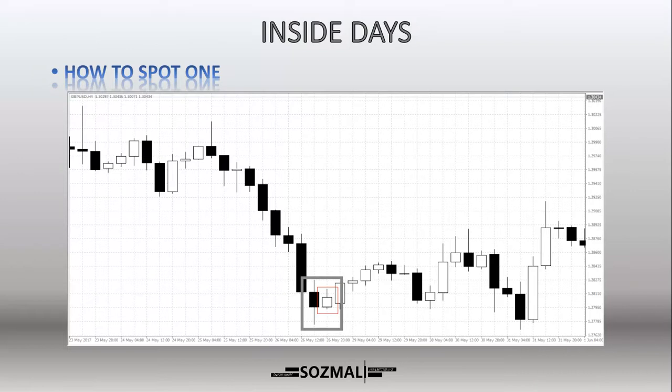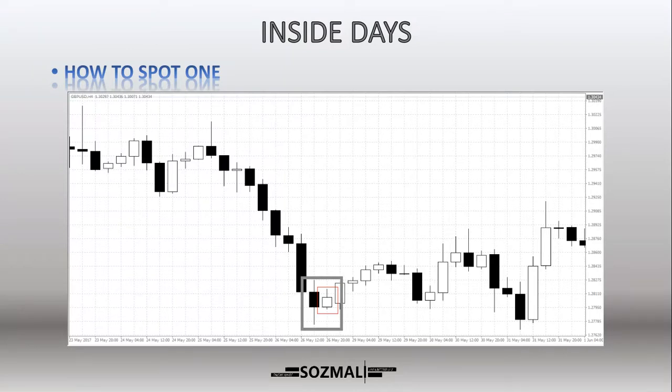Now, how to spot one is easy. Basically, you want to see a pair of candles. The first candle must be larger than the second candle, right? So basically, the second candle, as you can see here in the red box, is smaller than the black candle.